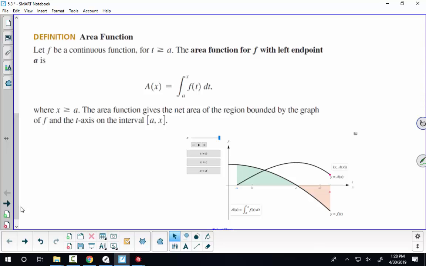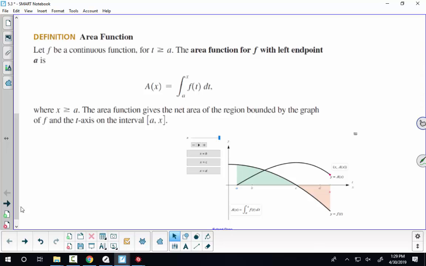And so the area function is defined as capital A of x. And it says between the function f of t and the t-axis, from a starting point of a to an ending value or point of x, if we take that net area that gets accumulated as x varies, then we're going to label that as the area function.